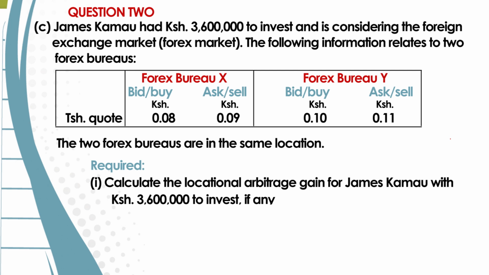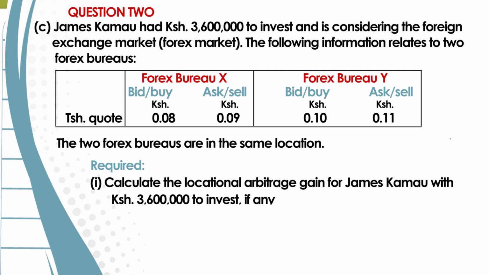And you can see that forex bureau X is selling Tanzania shillings at the exchange rate of 0.09. That is the ask price or the selling price. Then forex bureau Y is selling Tanzania shillings at the exchange rate of 0.11.